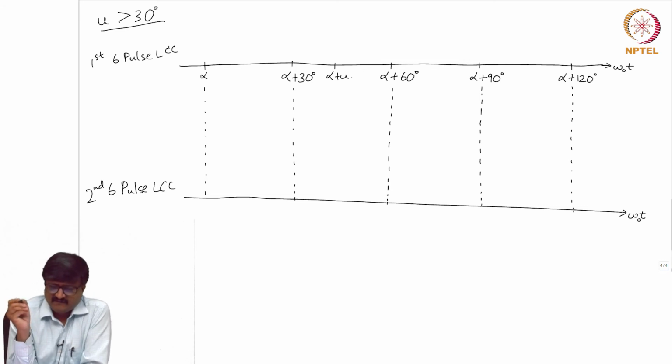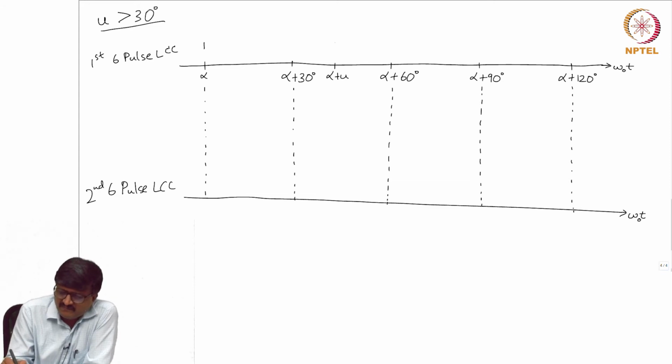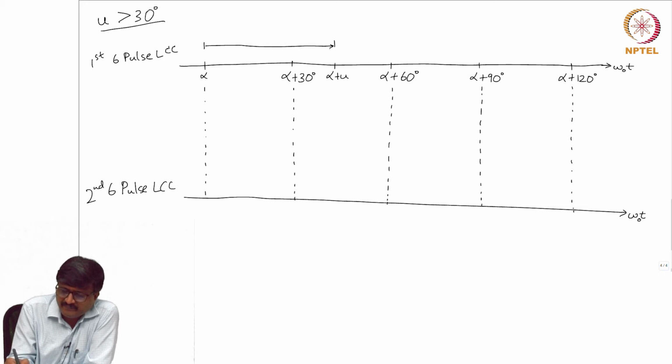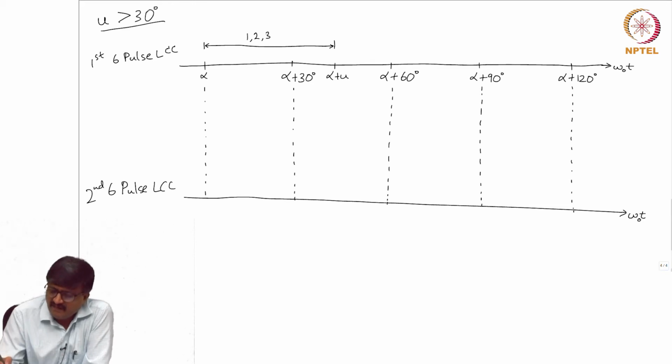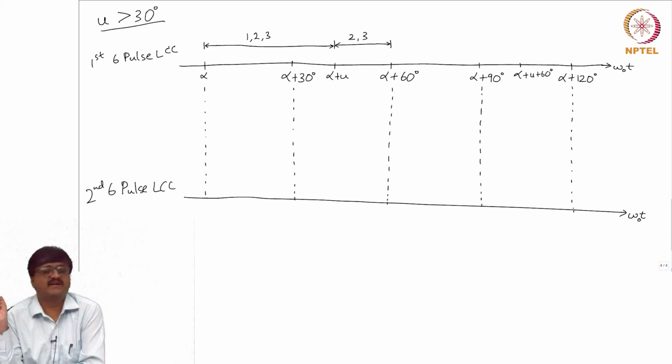If I take alpha to alpha plus u, what are the valves that conduct? 1, 2, 3. From alpha plus u to alpha plus 60 degrees, it is 2, 3. And again alpha plus u plus 60 degrees is greater than alpha plus 90 and less than alpha plus 120.